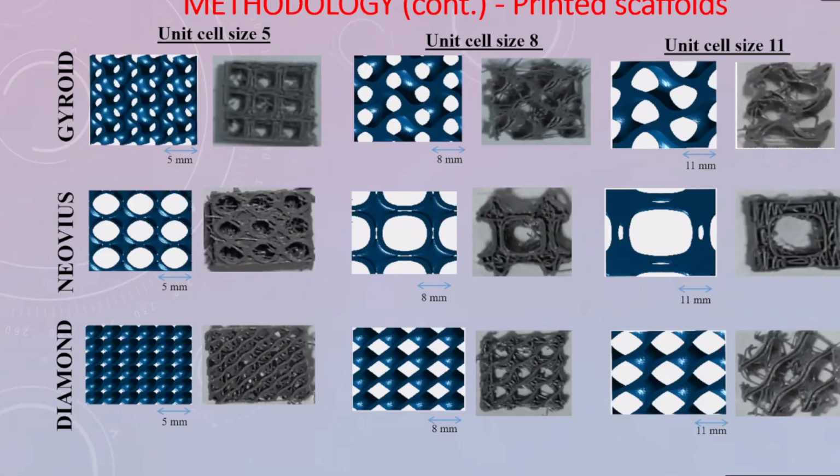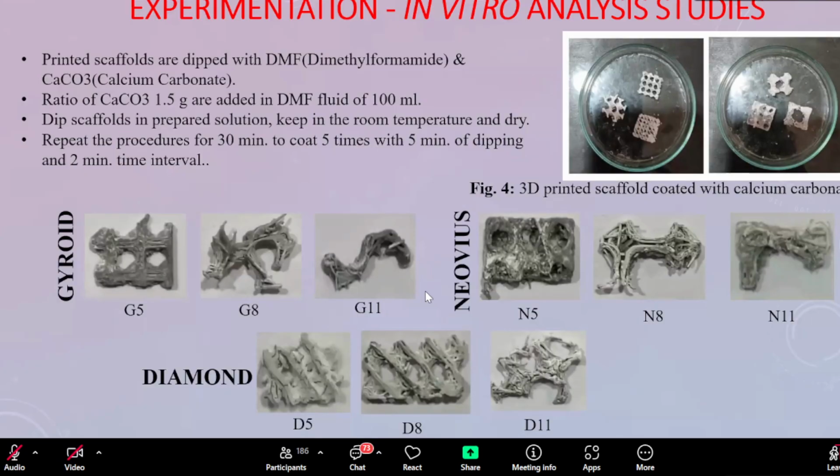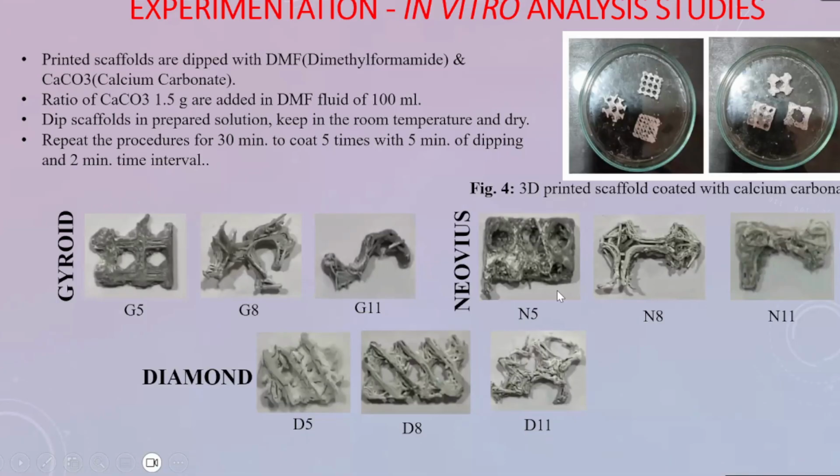Then we conducted in vitro analysis with calcium carbonate and dimethyl fluid. These implants were dipped into that solution. This is the procedure to make the solution, and we conducted it for a period of time, which I'll show you in the coming slides.